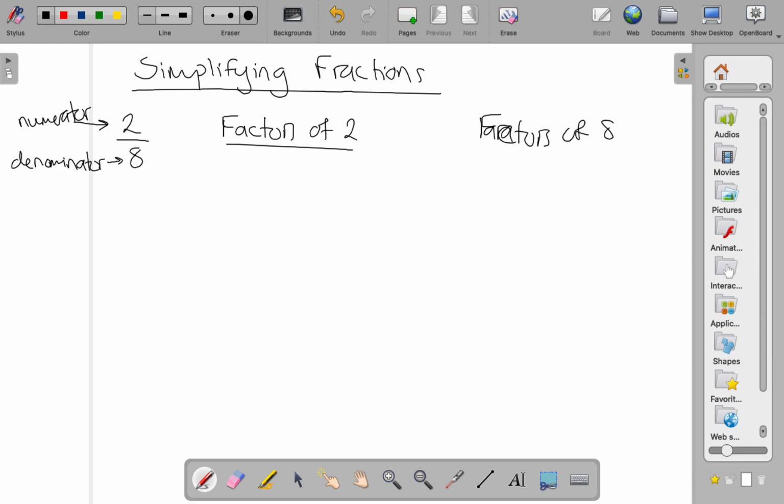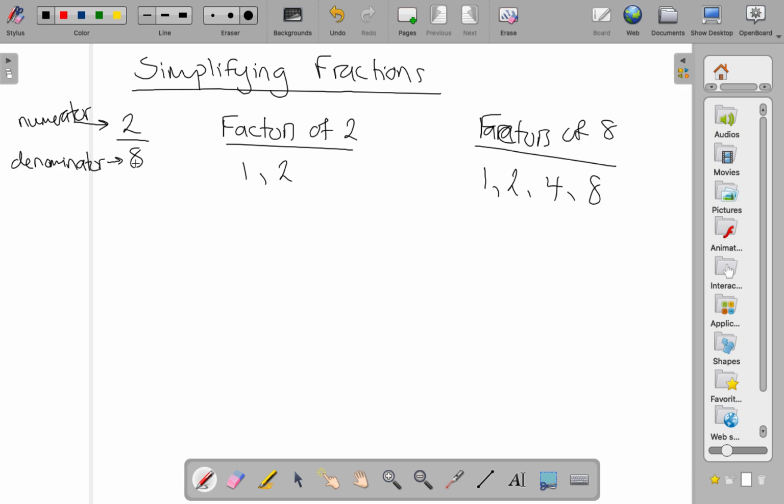So if we look at factors of 2, we have 1 and we have 2. A factor is just a number that goes into another number a whole number of times. So 1 goes into 2 twice and 2 goes into 2 once, so they're both factors of 2. Now if we look at 8, we have 1, 2, 4, and 8.